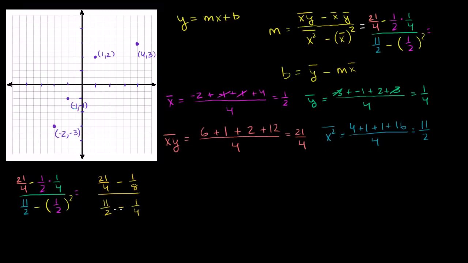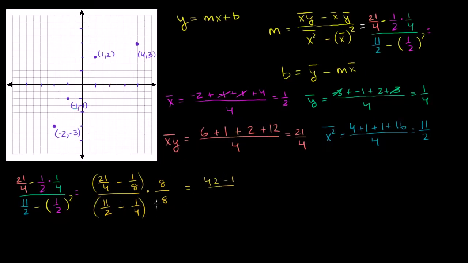Now, one way to simplify this right from the get-go is to multiply the numerator and the denominator by 8 over 8, just to get rid of all of these fractions. So 21 over 4 times 8 is 21 times 2, which is 42, minus 1/8 times 8. We distribute the 8s, so it's minus 1.